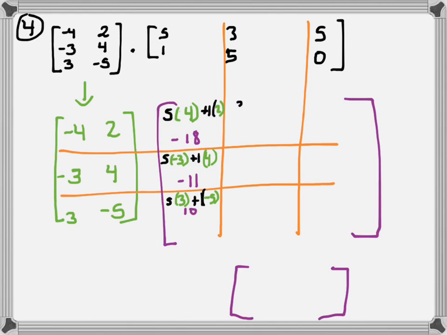We have 3 times a negative 4 plus 5 times 2, and that gives us negative 2. 3 times negative 3 plus 5 times 4 gives us a positive 11.